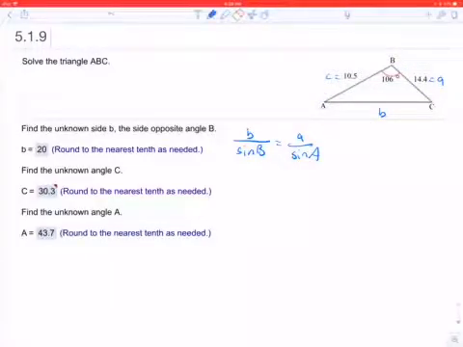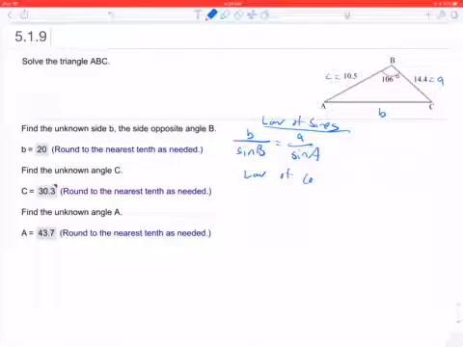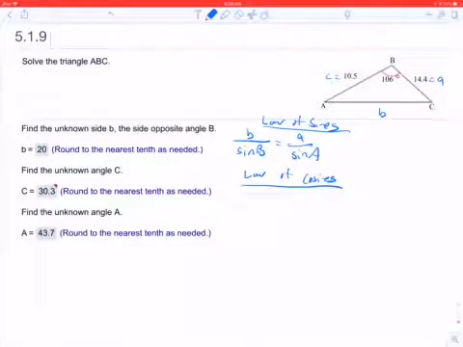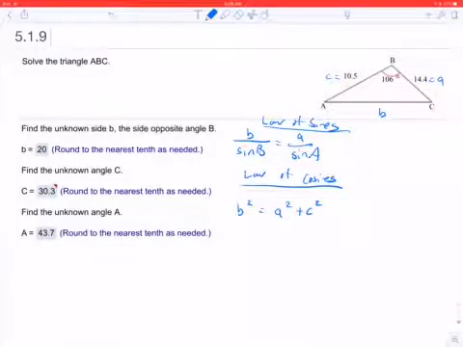Okay, so if I can't use the law of sines, let's try the law of cosines. I would try to find side B. Since we're given angle B, I would solve for side B, and the law of cosines goes: B squared equals A squared plus C squared minus 2AC cosine of angle B. I think that's how the formula goes.